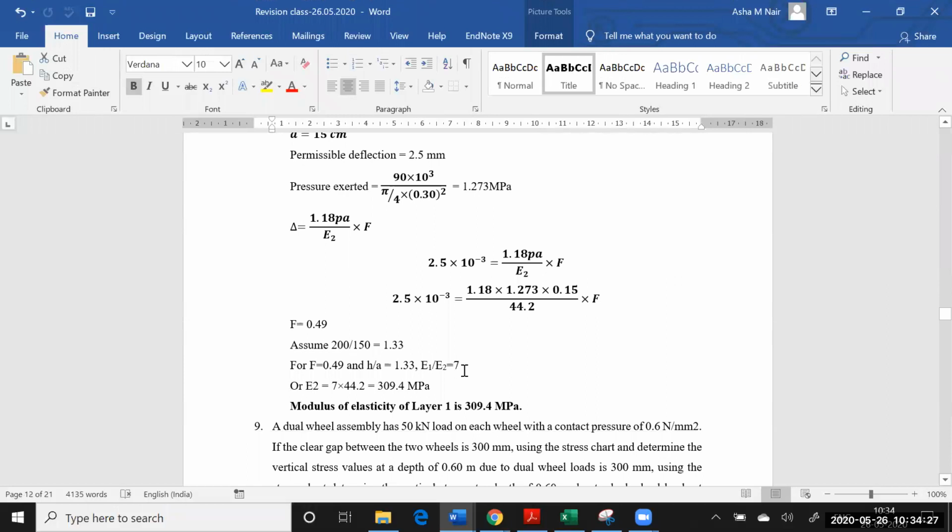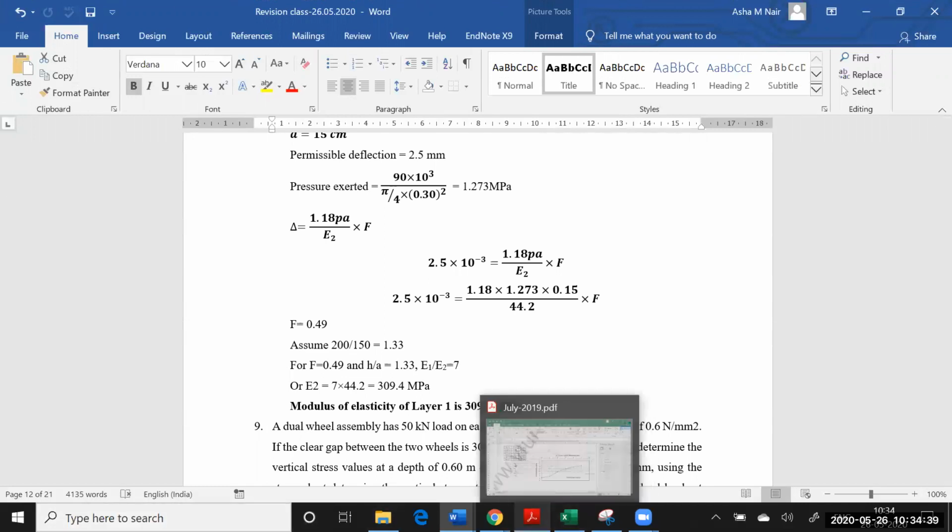Yes, it is 7, and you will be getting the value for E2. So this is the way in which you will get the modulus of the first layer. Now, keeping this in mind, let us solve the numerical given in the university question paper.